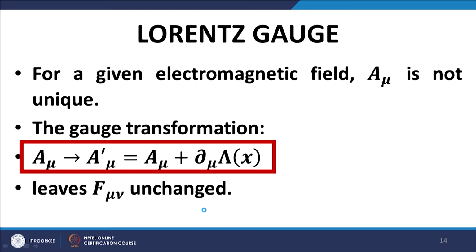For the Lorentz gauge, we write the condition in the form given in the red box here. We have seen that this expression leaves the electromagnetic field tensor unchanged.